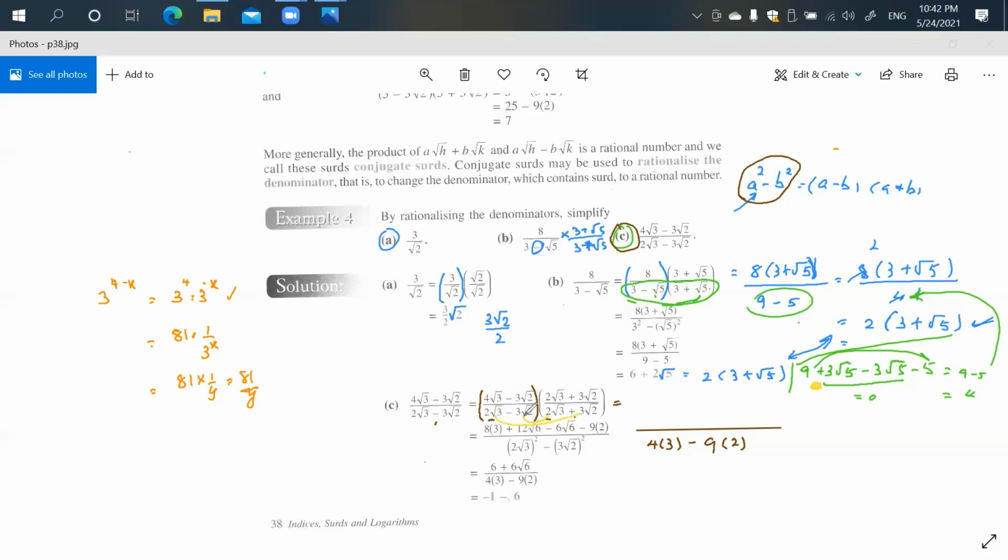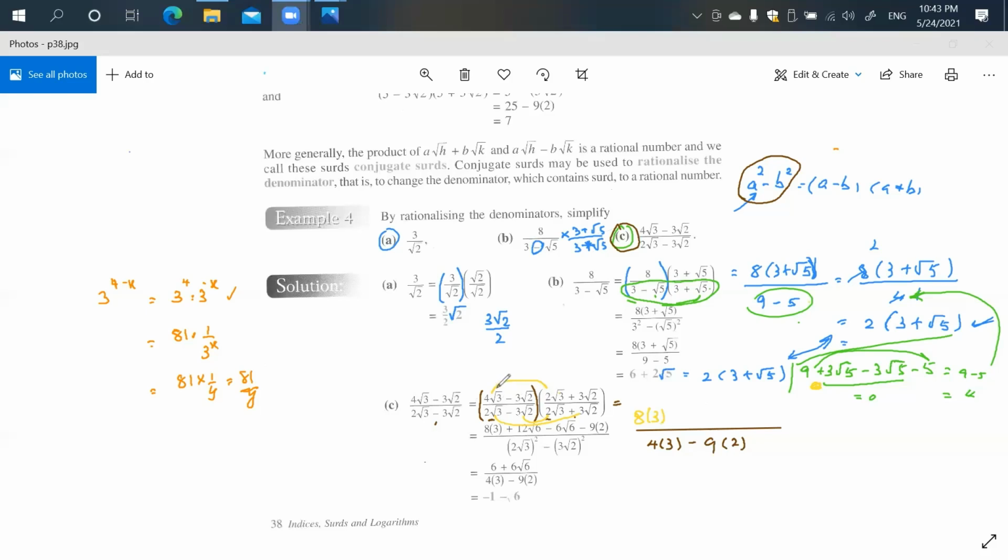So for the top, you have to multiply every term, because they're not the same. Okay, so the top one you do 4 square root 3 times 2 square root 3, which becomes 4 times 2, 8. Square root 3 times square root 3 becomes 3.